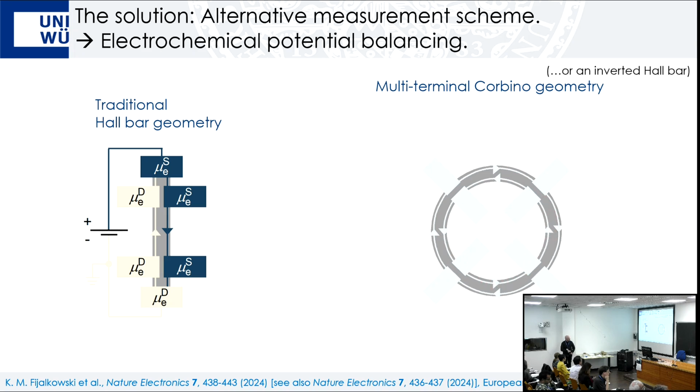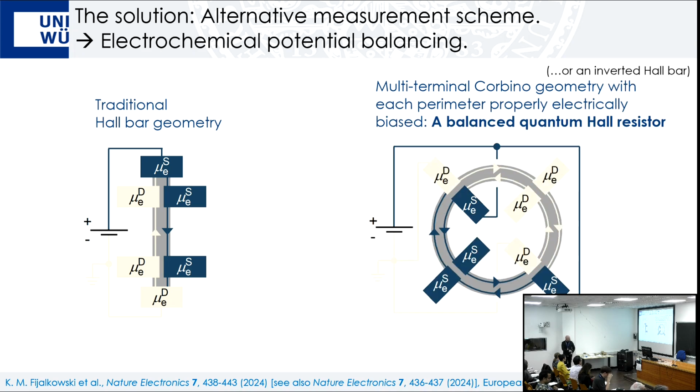So what we can do, we can take advantage of the fact that these two circuits are independent. We can independently electrically bias each of the two, and we can do it in this way, for example. So what we do here is we apply a bias voltage to this contact on the outer perimeter, and we ground this contact on the outer perimeter, such that this part of the perimeter is at high voltage, this part is at low voltage, and along the inner perimeter we do the same but reversed, 180 degrees.